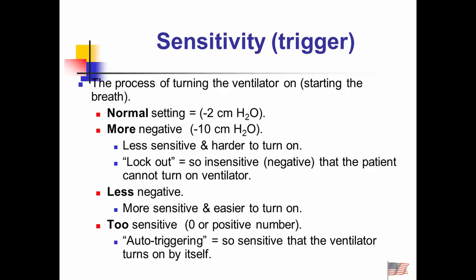If I make that sensitivity more negative, so instead of being at -1 or -2, it's at -10, that means it requires more effort to turn the unit on, and we say the sensitivity is decreased. Seems awkward, okay? It's harder to turn on because the number's bigger. If it's less negative, it's more sensitive, it's easier to turn on.